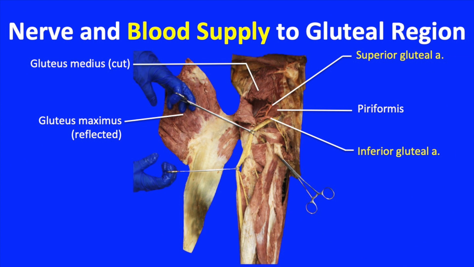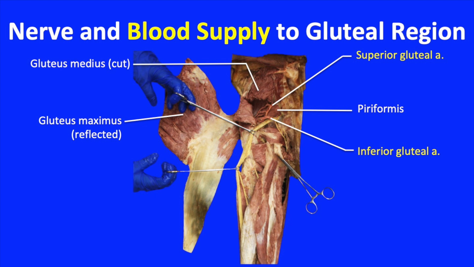Their name relative to their position, whether superior or inferior to the piriformis muscle. The superior and inferior gluteal nerves would also sit superior and inferior, respectively, to the piriformis muscle. The inferior gluteal nerve innervates the gluteus maximus, whereas the superior gluteal nerve innervates the gluteus medius and minimus.